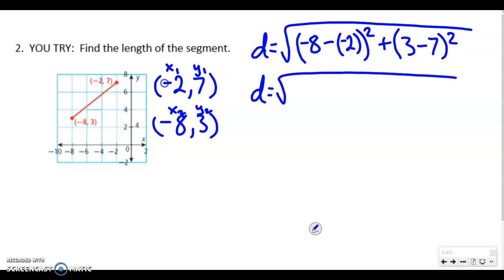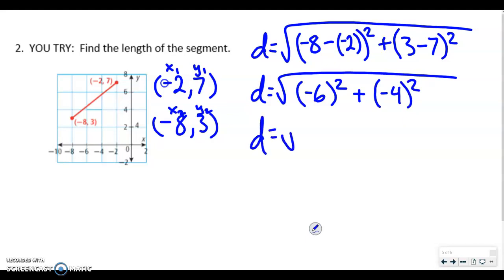So just showing all the steps. Negative 8 minus negative 2, we've got a double negative there, so that becomes negative 8 plus 2. That'll give us negative 6. And then 3 minus 7 will give us negative 4. And that'll be squared. So then go ahead and square each of those. Negative 6 squared gives us 36.